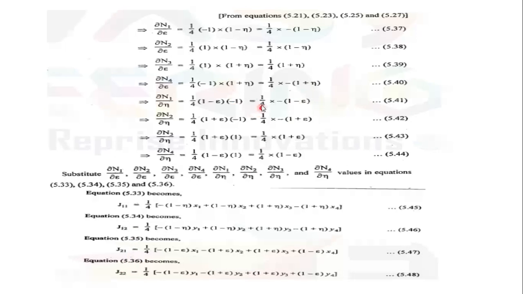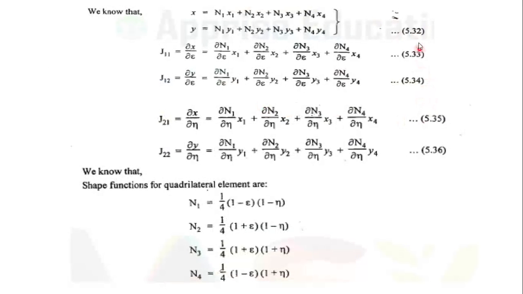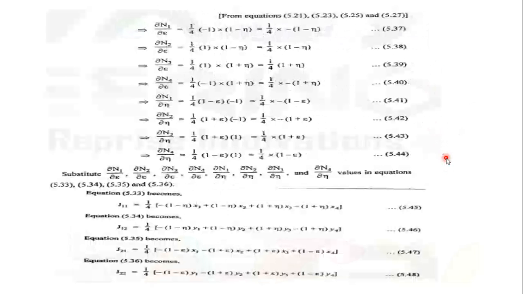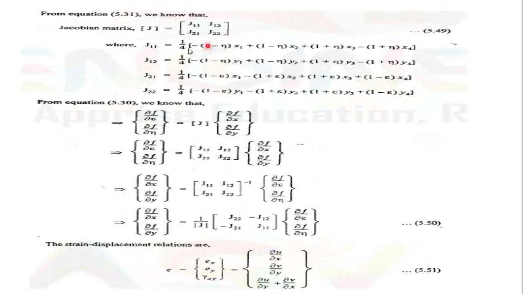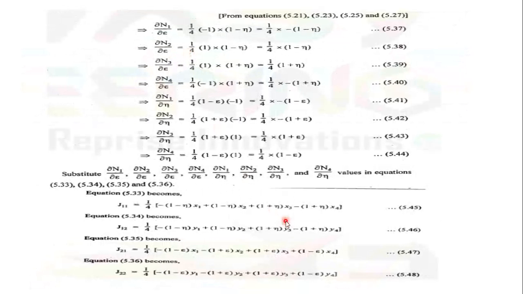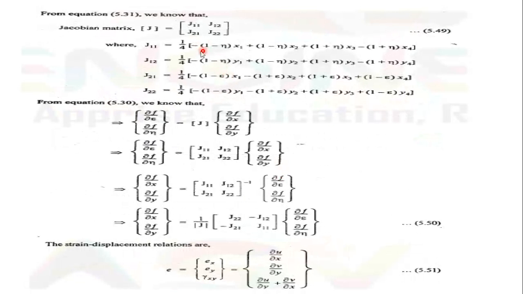We will get the J11 value through J22. This is my Jacobian value. So J11 is equal to 1/4 into this value, and similarly we find out till J22.